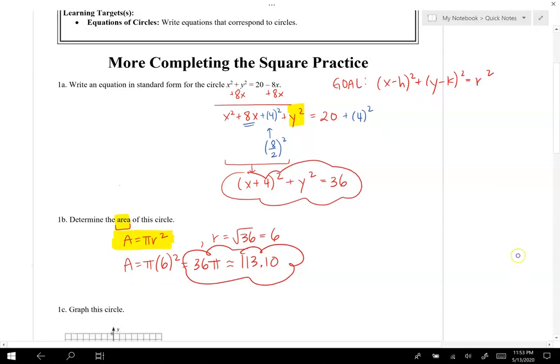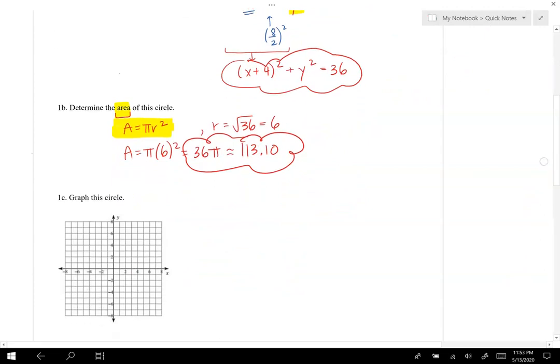Okay, and then we've got part C. If you look at the original equation from here, we know the center is at -4, 0, since it's just a y squared, and then the radius is the square root of 36, which is 6.